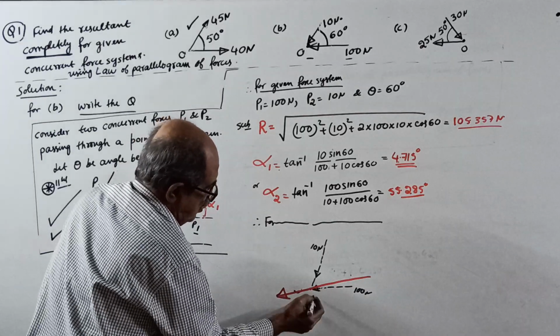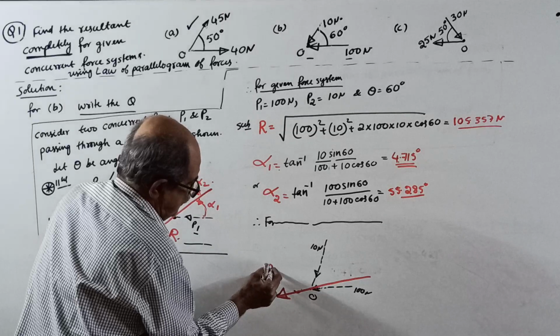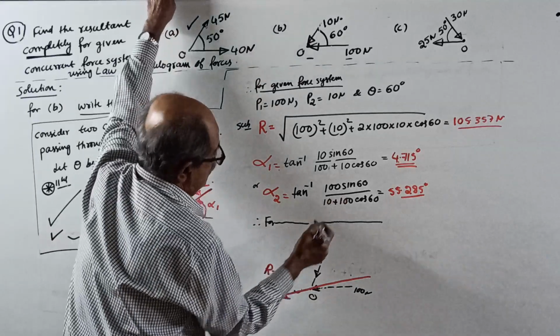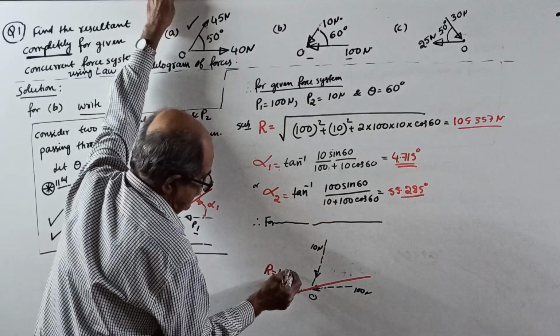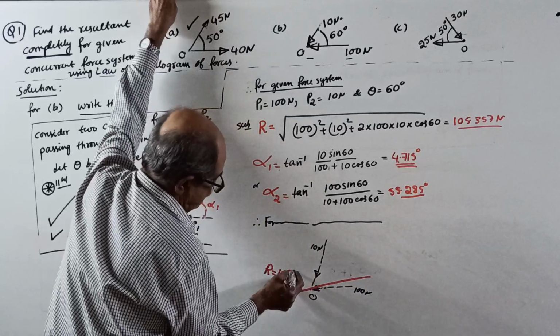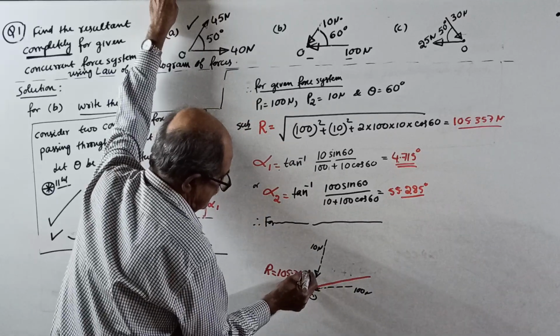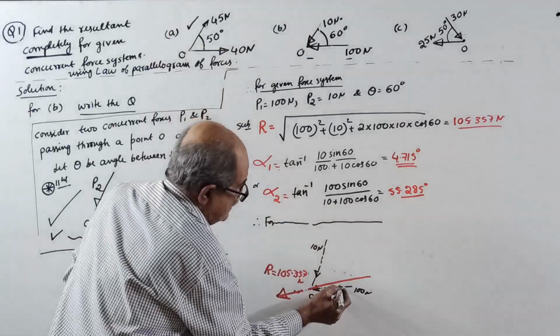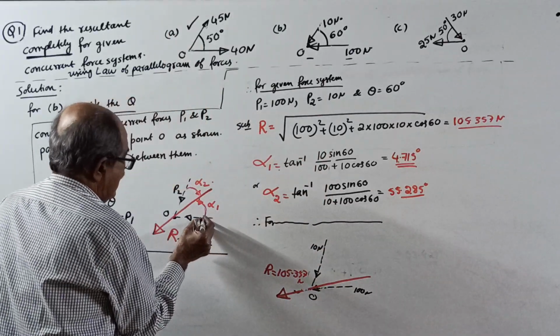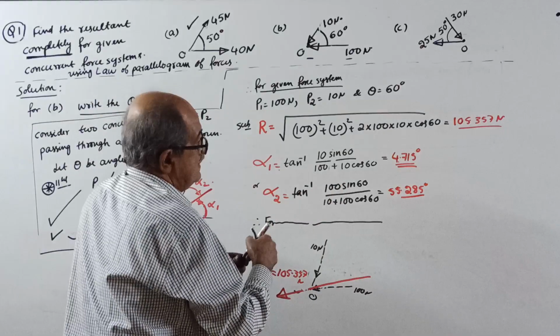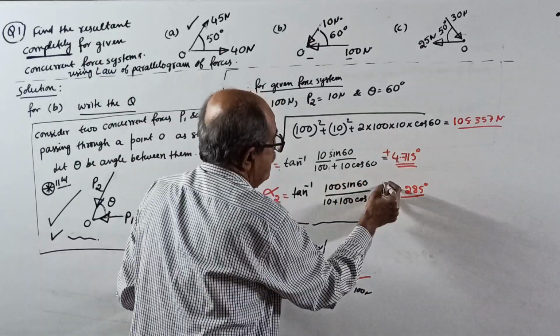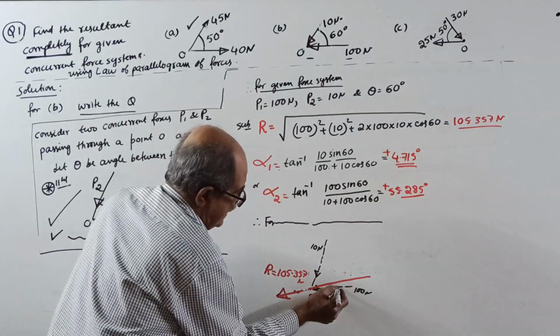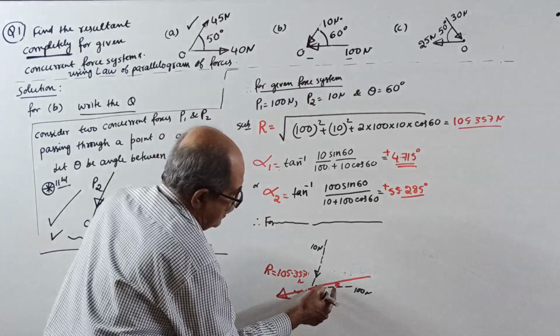Okay, this is the point O. This is the resultant force R equal to 105.357 Newton. And we took alpha 1 like this. It came plus. See, important. It came plus, so it is correct. This way, hope it is visible for you.